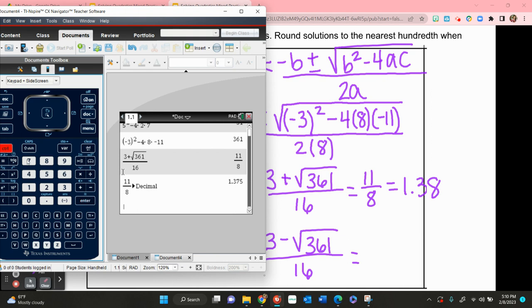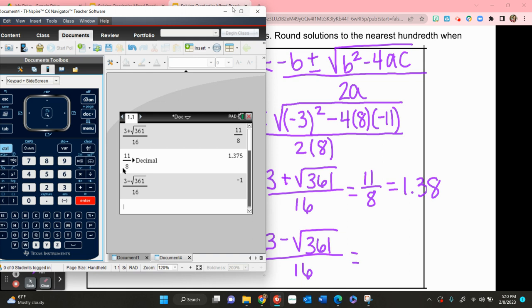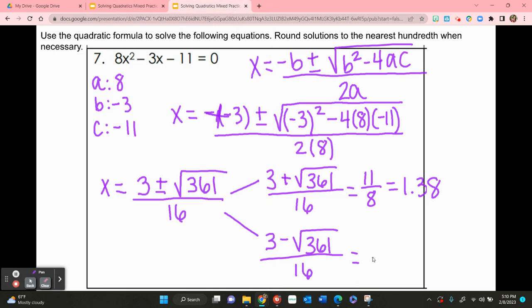Again, I have a fraction, so Control Divide. 3 minus the square root of 361 over 16 is going to equal -1. So here, my two solutions are x equals 1.38 and x equals -1.